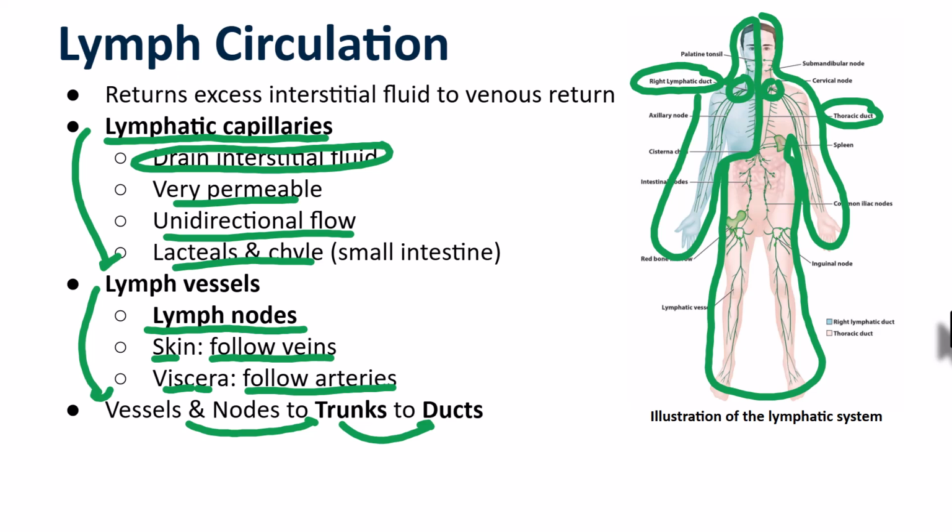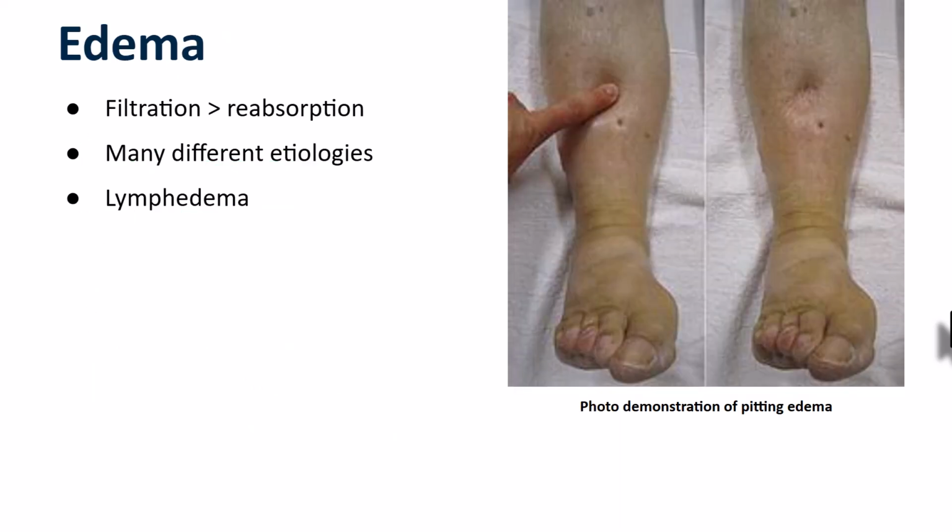But we'll get into the particulars of that in subsequent videos. So ultimately, all of the excess interstitial fluid ends up being drained into venous angles of the thorax, so it's returned to venous circulation.